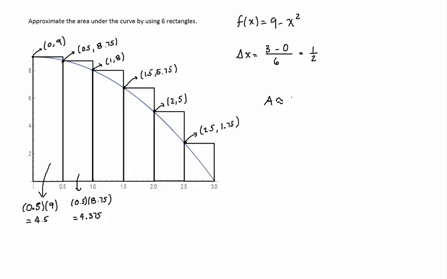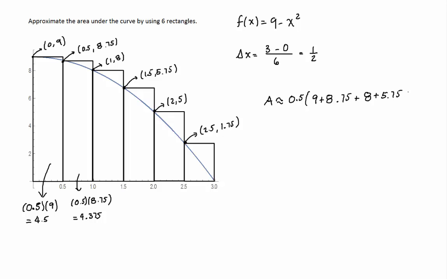So what you can do is you notice that the width I'm using is the same for all of them. That's how we wrote each rectangle. So let's factor the width out and just add all the heights. So that makes it a little easier so you don't have to be multiplying a bunch of them. So just add all the heights and then multiply them all by 1/2 once you've done it.